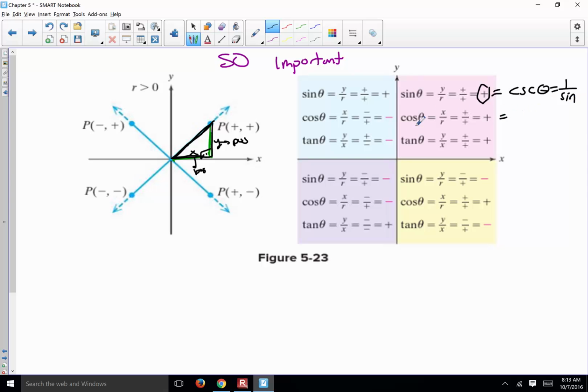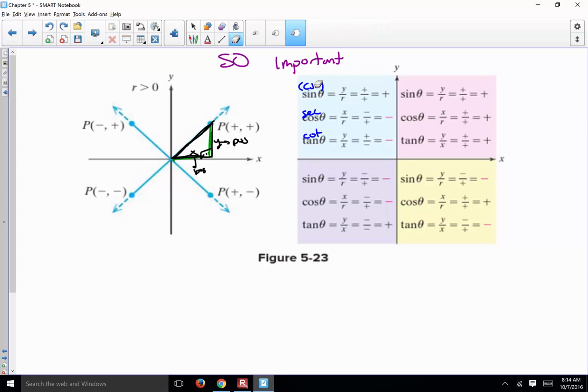Cosine is pretty much the same as secant, and tangent is pretty much the same as cotangent because cotangent is x over y. If tangent is positive, cotangent is positive as well. So when you are looking at this table, always think, we also have cosecant here, secant here, and cotangent here. So there are 3 functions, and 3 more invisible functions. In total, we have 6 trig functions in this table.